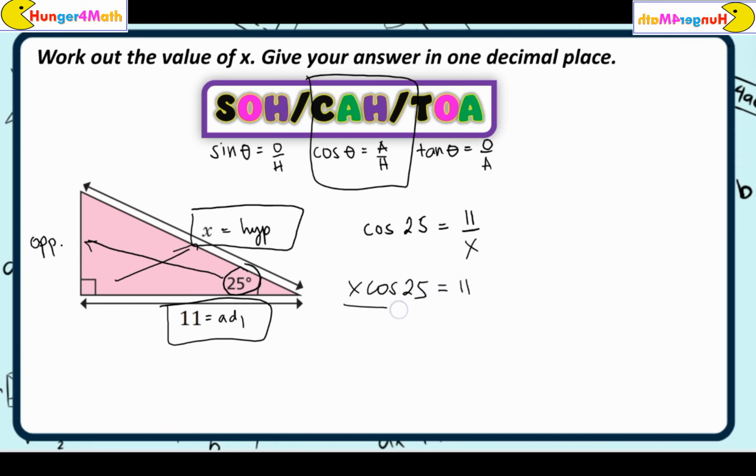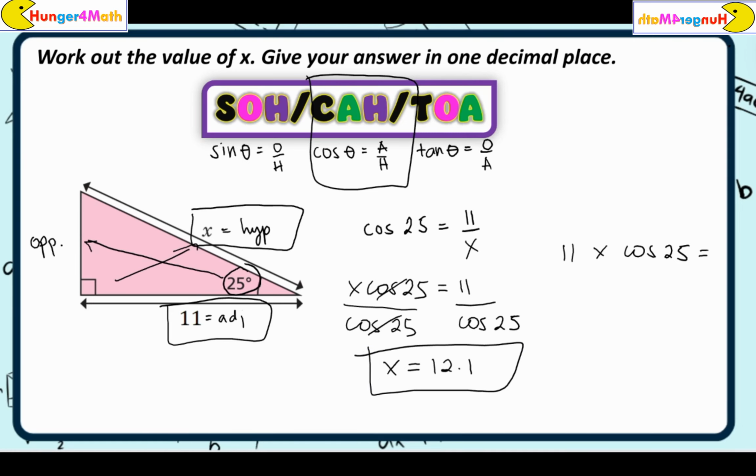And then divide both sides by cosine 25. We can cancel this out. So x is equal to, now using your calculator, press 11 times cosine 25, then equal, that is 12.1 in one decimal place. So the value of x is 12.1.